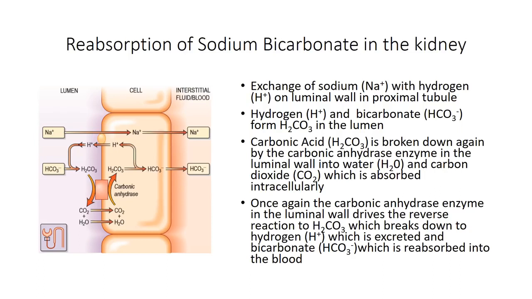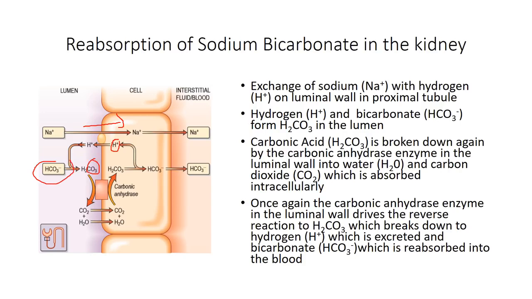As urine drains through the glomerulus and first enters the proximal tubule, sodium is exchanged for hydrogen. Hydrogen combines with bicarbonate to become carbonic acid.